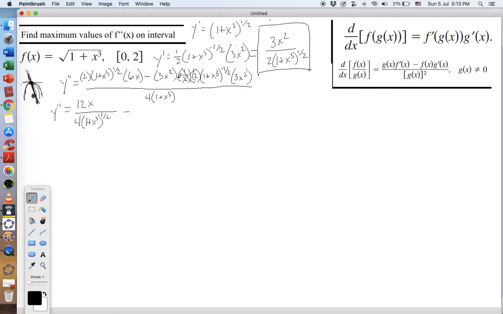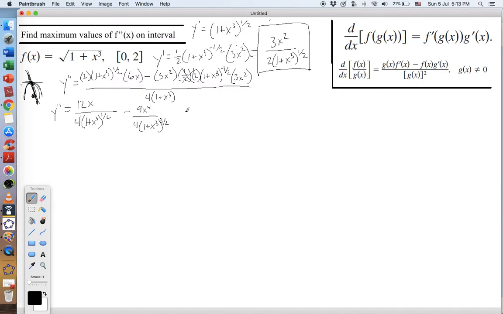And then we're going to subtract from that. We're going to distribute these 3x squared and 3x squared for 9x to the fourth. All of that is over, well, this belongs on the bottom anyway because it has a negative exponent, so we're just going to raise that 1 to equal 1 plus x cubed raised to the power of 3/2, or 2/2 plus 1/2.